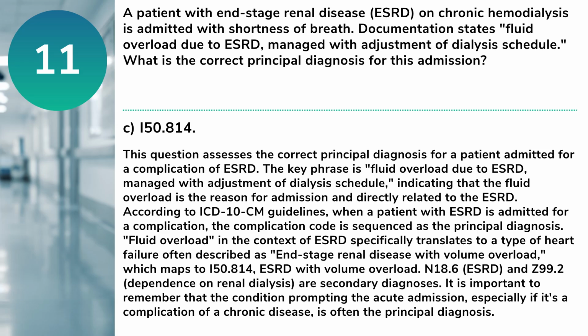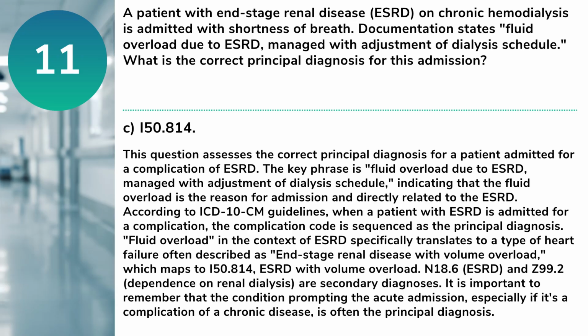I50.814. This question assesses the correct principal diagnosis for a patient admitted for a complication of ESRD. The key phrase is fluid overload due to ESRD, managed with adjustment of dialysis schedule, indicating that the fluid overload is the reason for admission and directly related to the ESRD.